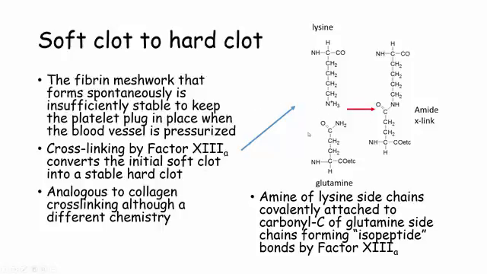So what this protein does, factor 13A, is takes lysine residues on one fibrin molecule and glutamine residues on another fibrin molecule and interacts so that the amine side chain of the lysine replaces the amino portion of the side chain of the glutamine, forming a peptide bond between the two side chains, an amide crosslink. And we call this an isopeptide bond because it's involved in the side chains rather than in the backbone.